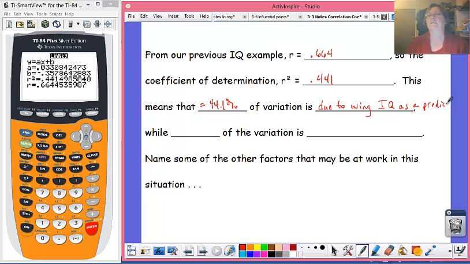But the rest of the variation, so 100% minus that, or 55.9%, of the variation is due to other factors, or could just be random chance.